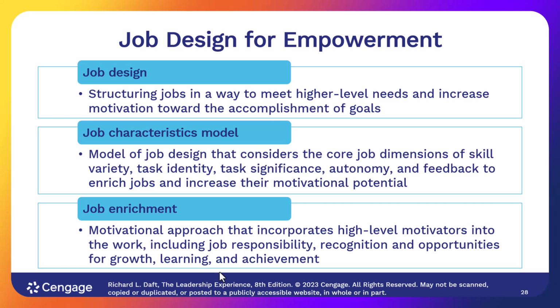Job characteristics model. Model a job design that contains the core job dimensions of skill variety, task identity, task significance, autonomy, and feedback to enrich jobs and increase their motivational potential. So are you looking at the job and saying, what are the characteristic dimensions of this job?